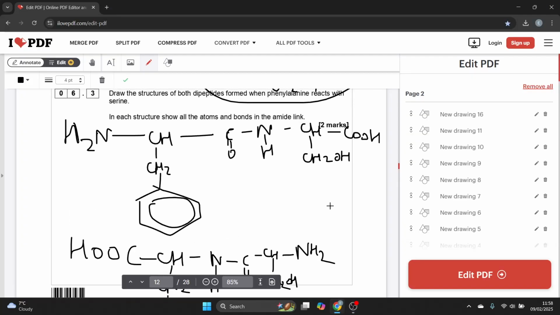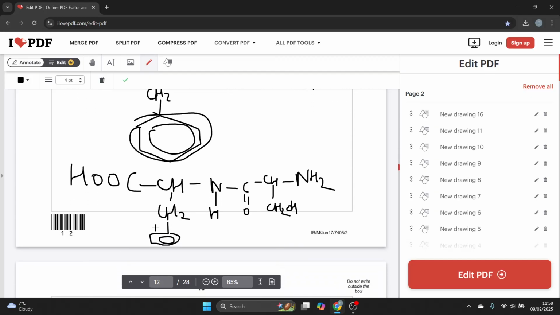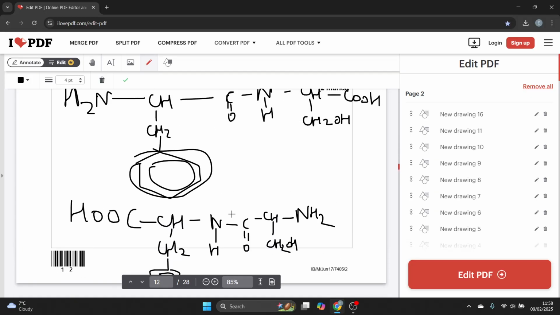So basically all I'm doing is flipping it over, and instead of this group attached to CH2 here, it's just going to be there. So it's going to be HOOC, CH2, that group there, NH, CH, CH2OH, and then that goes there, NH2.